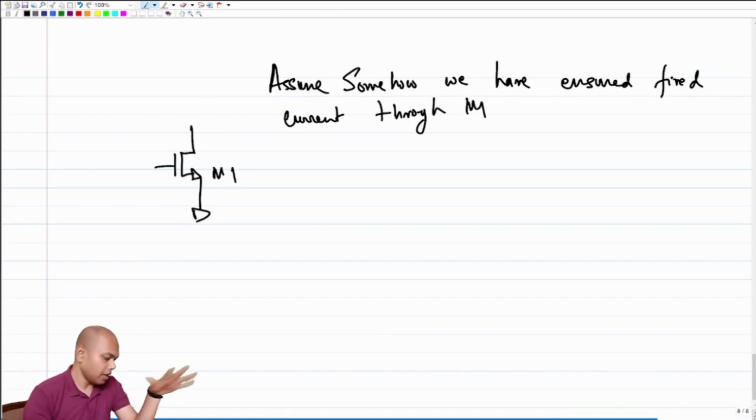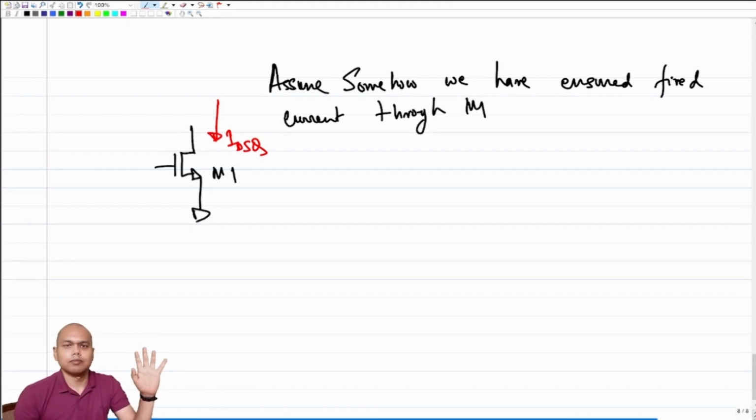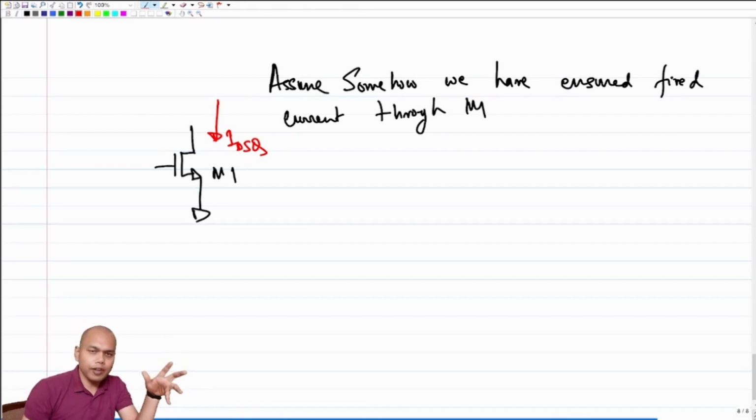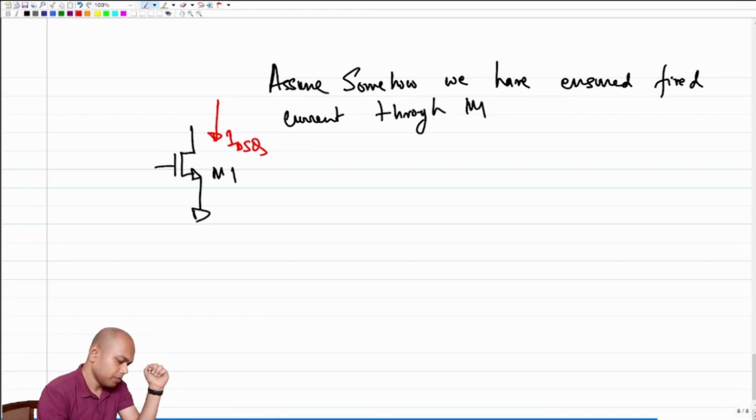I haven't shown you how, but let's assume that the current IDSQ is fixed. When I say IDSQ is fixed, what I mean is that IDSQ will not change even if temperature changes. Anything happens to the rest of the universe, it doesn't matter, IDSQ will not change. i.e. IDSQ is fixed.